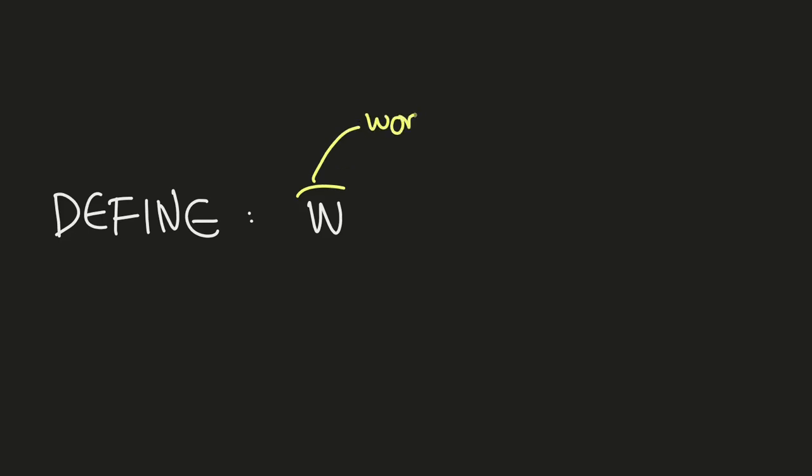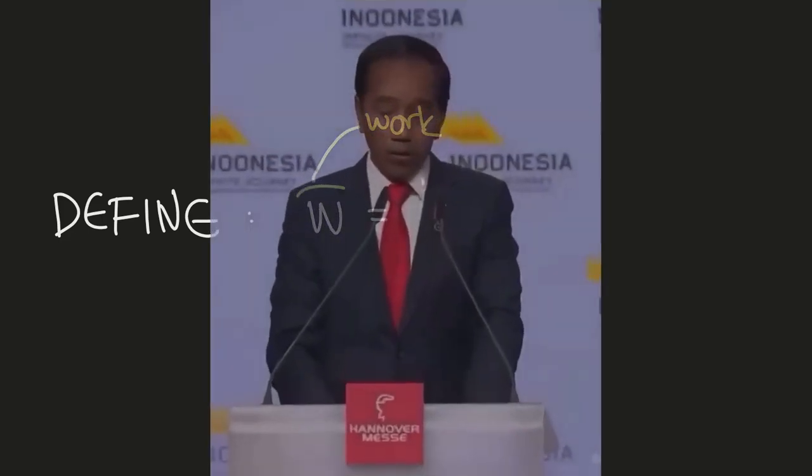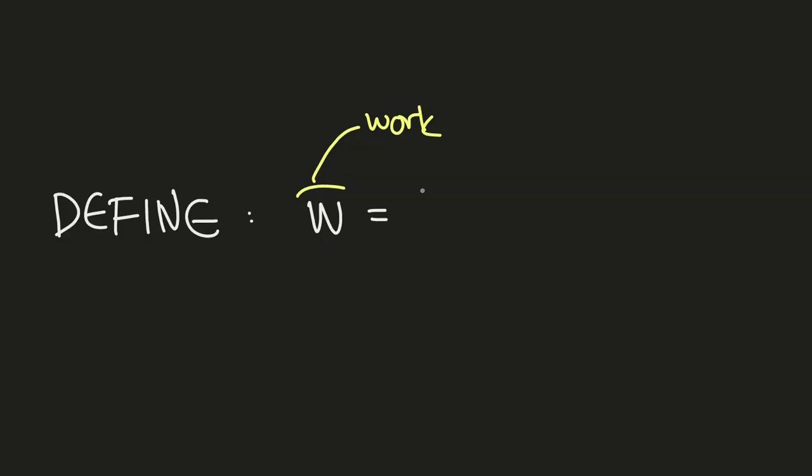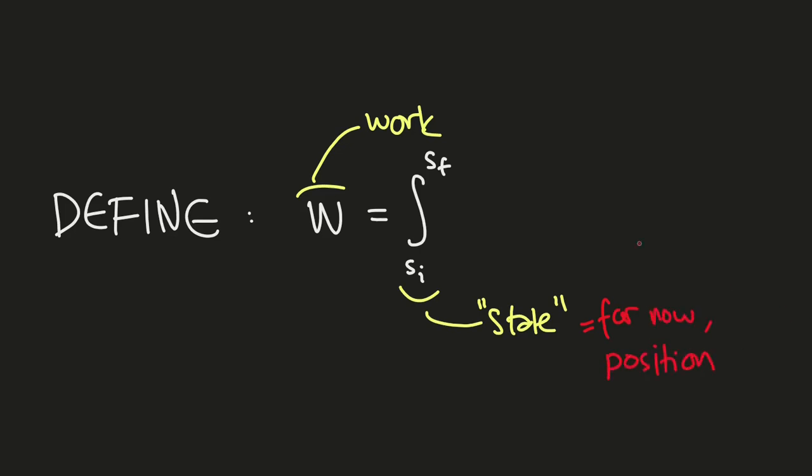By that problem, we define W capital, known as work, equals the integral with lower bound s initial and upper bound s final, where s tells you about state. But for now, we say that state is defining a position.